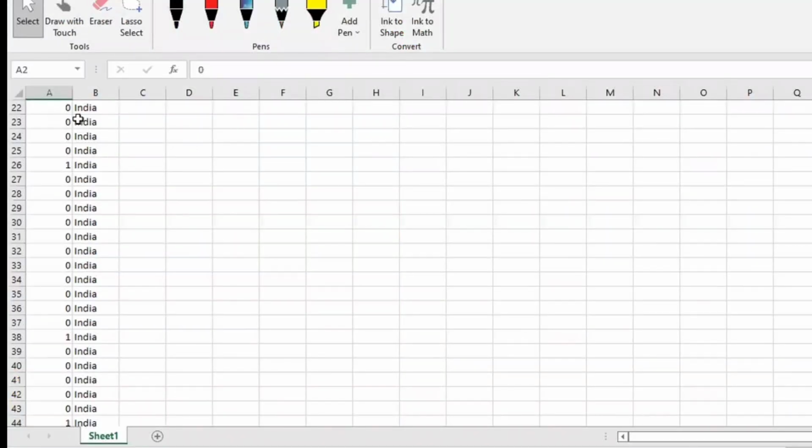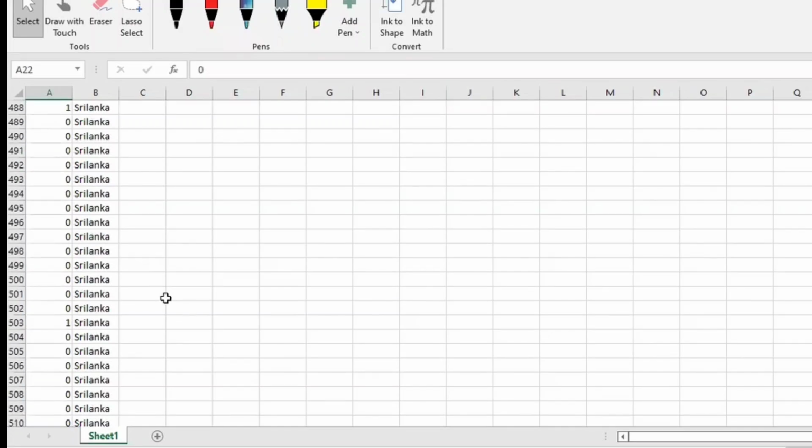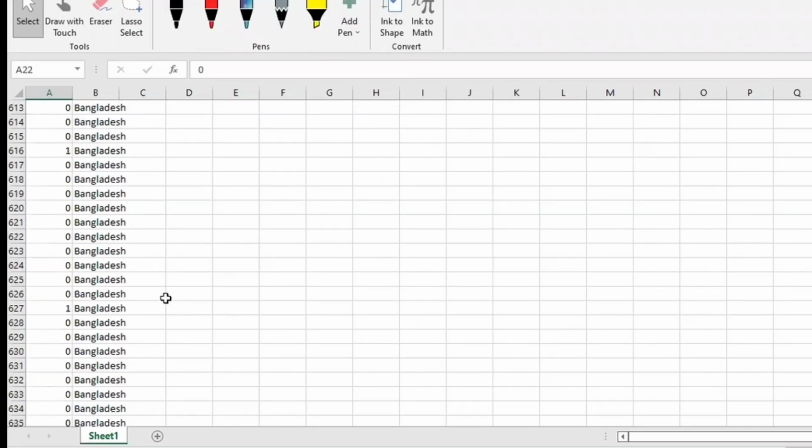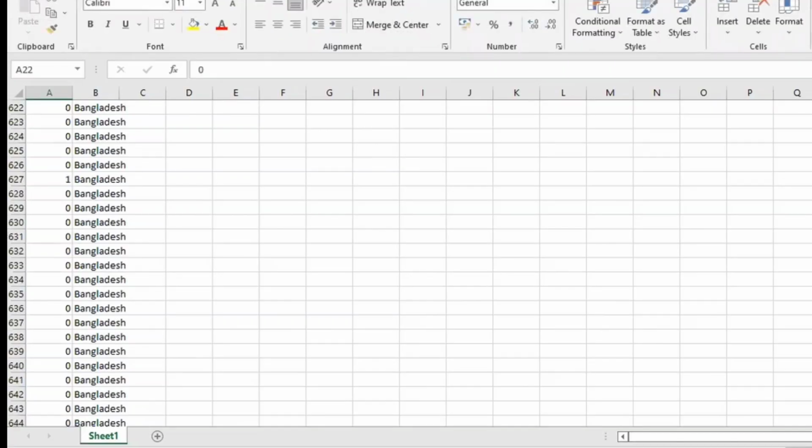So whatever the zeros and ones with respect to India, the same zeros and ones are there for China, Sri Lanka, and Bangladesh. Now here we have more than 2 proportions.